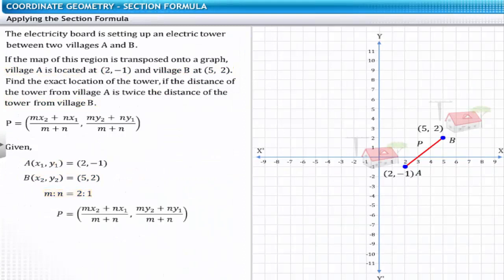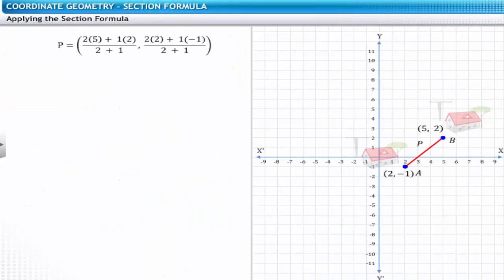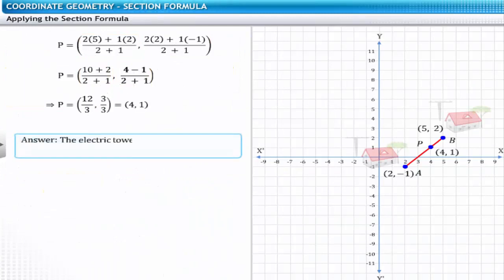Substituting the coordinates of A, B, and the ratio m:n in the section formula, you can determine the coordinates to specify the position of the tower. Simplifying, you get the coordinates of P as (4, 1). The electric tower is located between villages A and B at (4, 1).